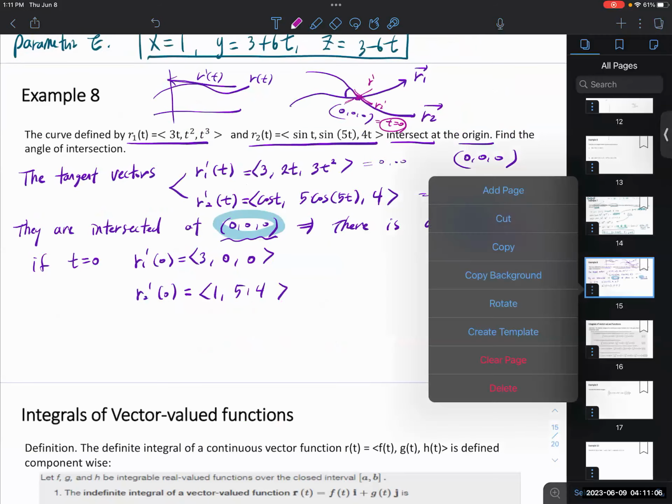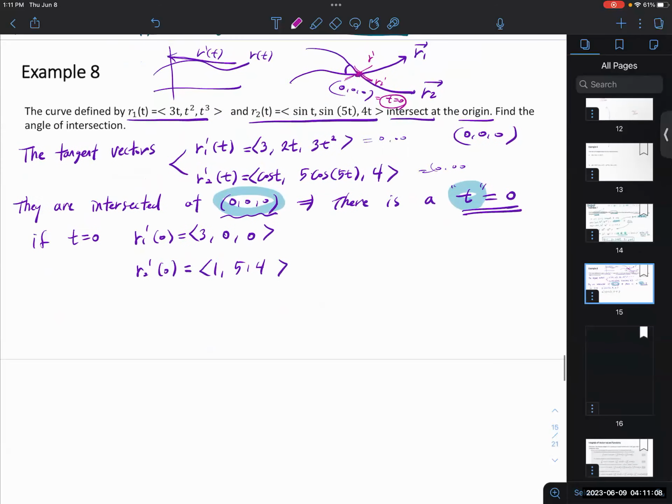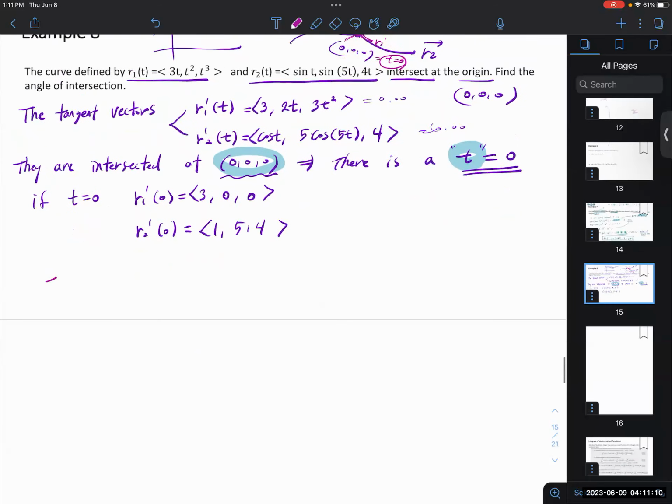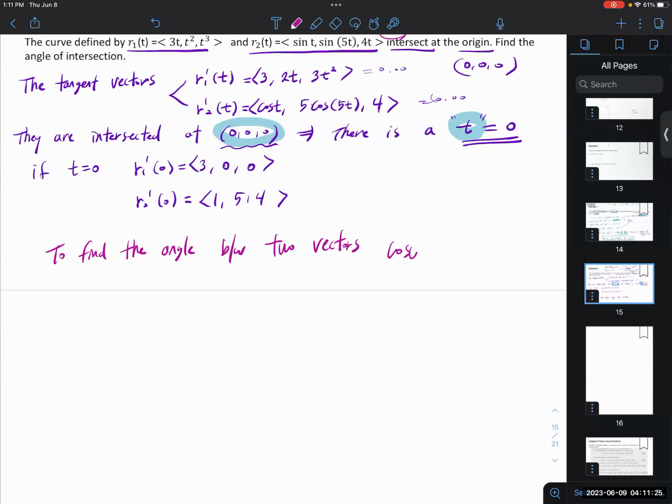So if you remember, to find the angle between two vectors, very important, do you remember a long time ago, two vectors? The formula: cosine theta equals the first vector dot the second vector, divided by each vector's magnitude.